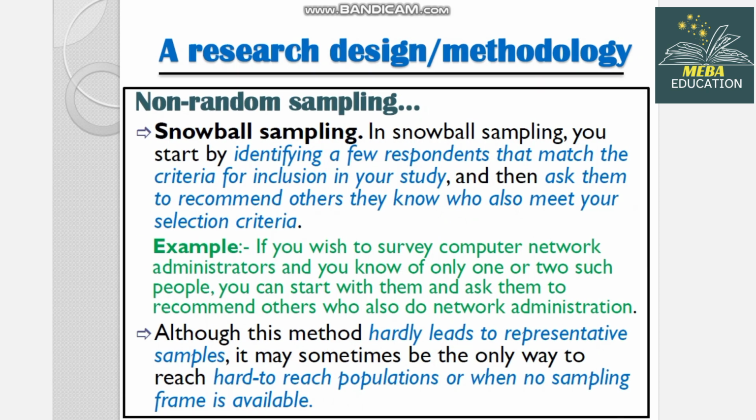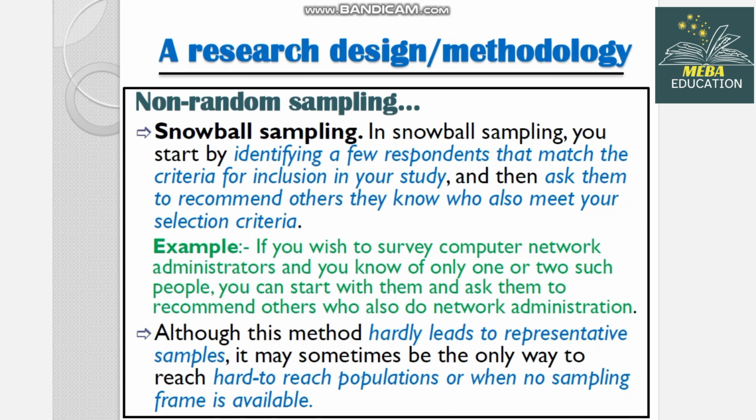Snowball sampling. In snowball sampling, you start by identifying a few respondents that match the criteria for inclusion in your study, and then ask them to recommend others they know who also meet your selection criteria.